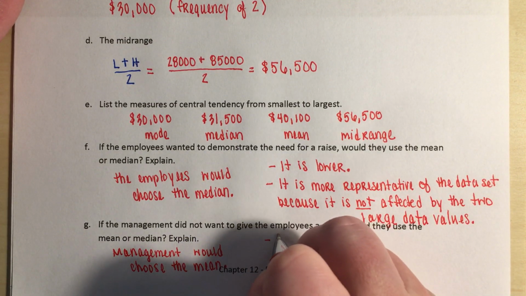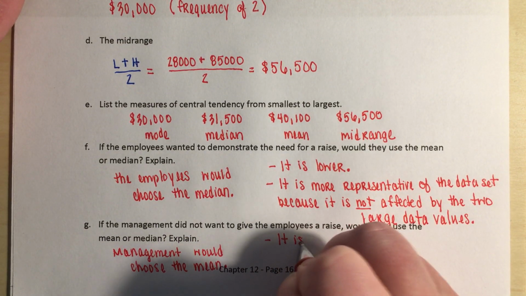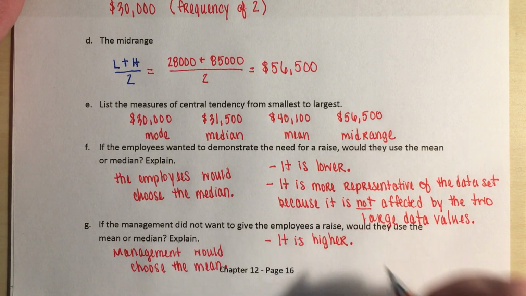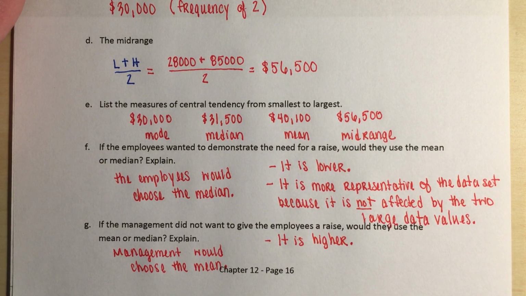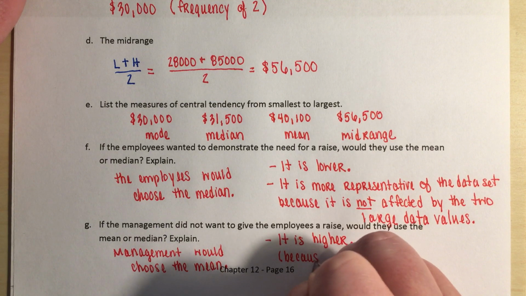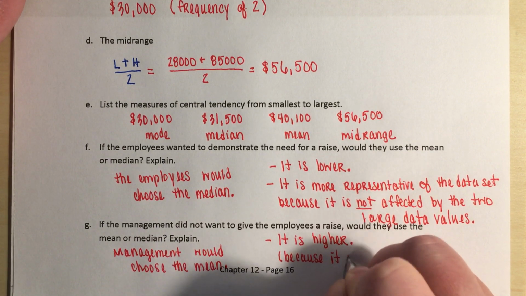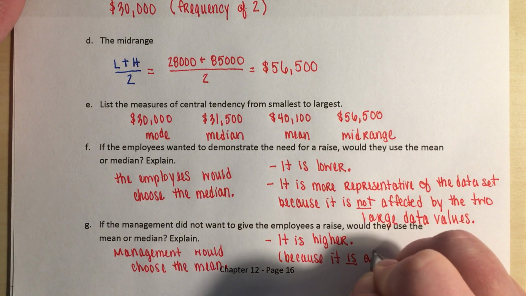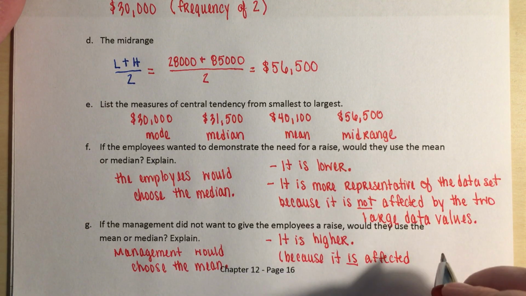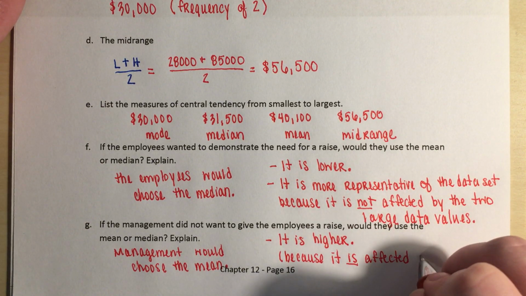And our mean, right, it's a lot higher. So they would argue they didn't need the raise because they're making more money. And it is a lot higher because it is affected by the two large data values.